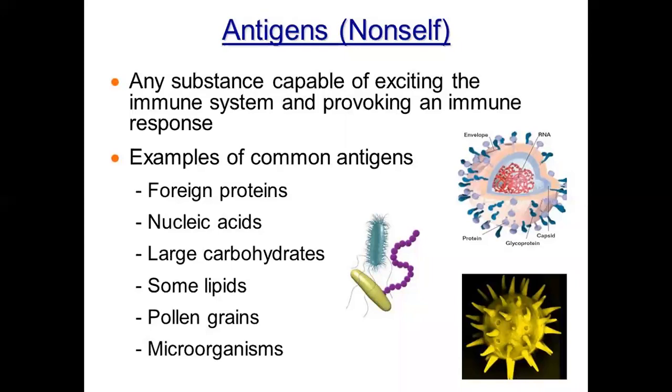An antigen is any substance that's capable of exciting the immune system and provoking an immune response. Some examples of common antigens would be foreign proteins, large carbohydrates, pollen, microorganisms.